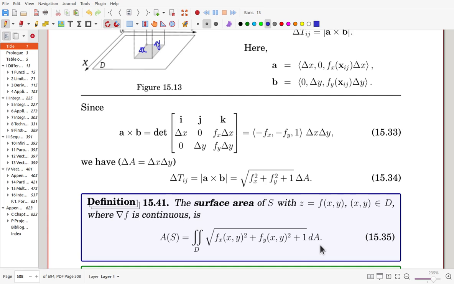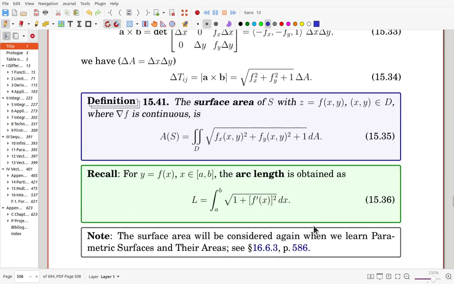This formula is a simple expansion of the arc length formula. In Calculus 2, you learned how to get arc length. Okay, let's try to get arc length here from a to b. y equals f of x is given in this way, and x is from a to b.